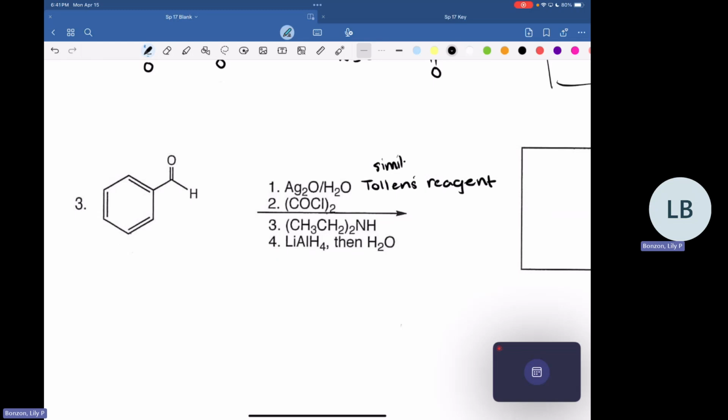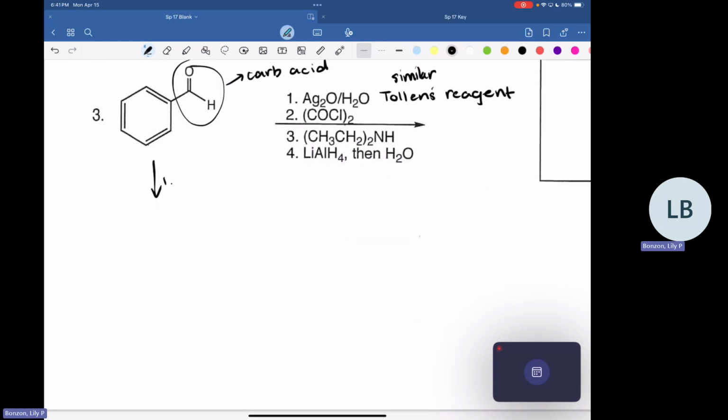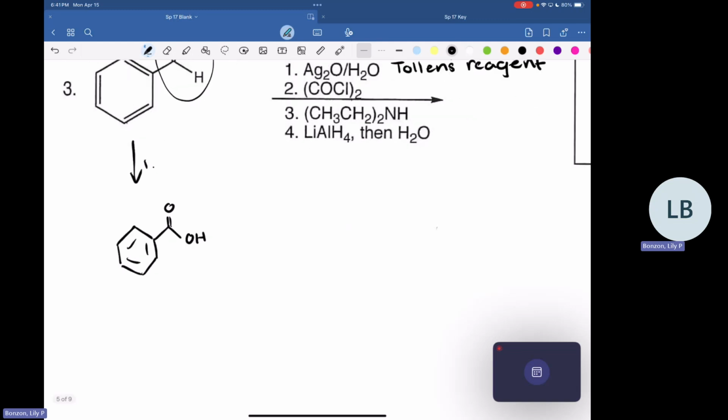And so what this does is it turns an aldehyde into a carboxylic acid. This is a very mild oxidizing reaction, so it doesn't affect alcohols or anything like that. In this case, we don't have an alcohol anyways, but it's a very mild reaction. It's not like Jones or anything like that, but it still turns it into a carboxylic acid.